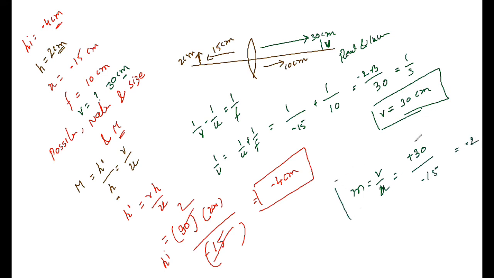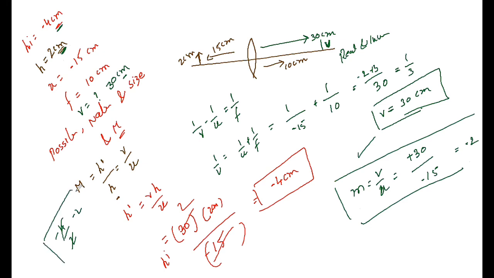Without calculating this, I can also say the magnification, because the height of the image is minus 4 and the height of the object is 2, so minus 4 by 2 is minus 2. So without substituting v by u also, I can simply say the magnification value is minus 2.